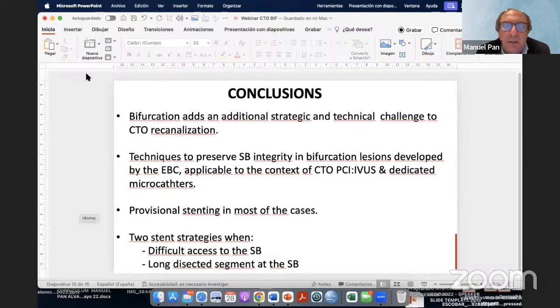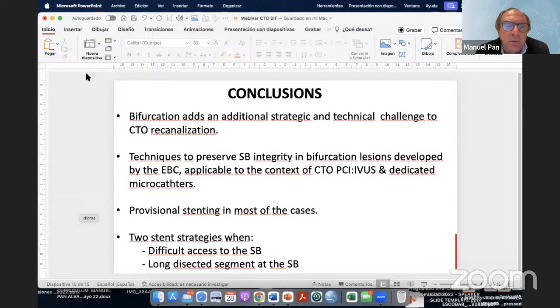So it's not always you obtain the success. In case of crossing with an additional dissection, the recommendation is to use 2 stents.